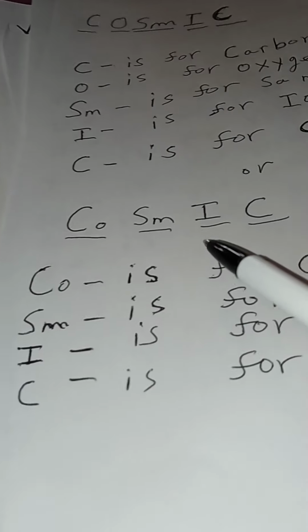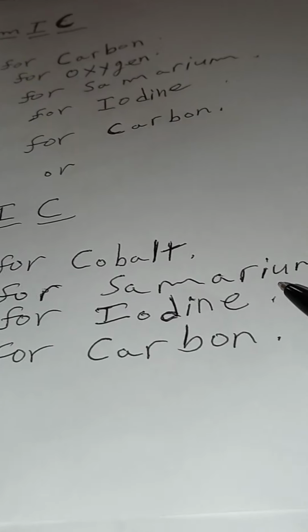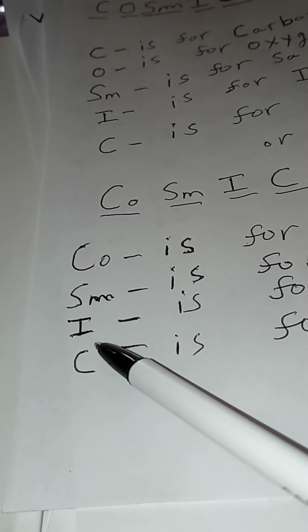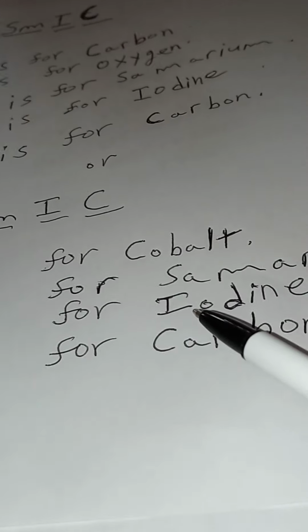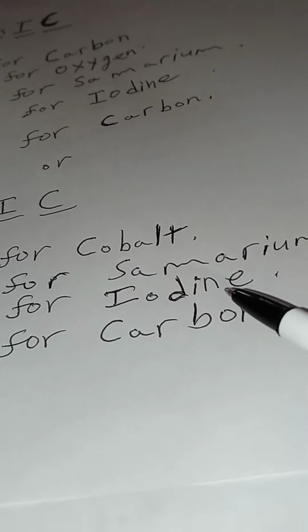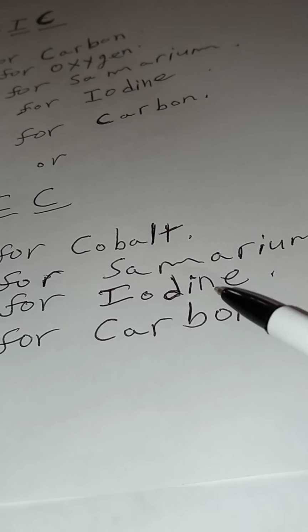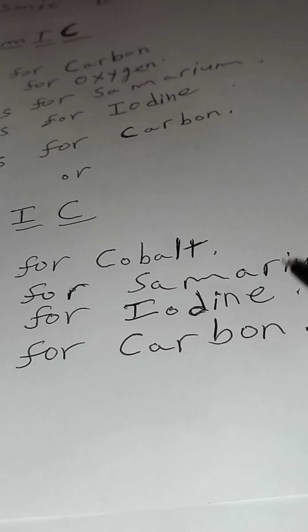And we got capital SM for samarium. And we got capital I, the chemical symbol for the element's name of iodine, capital IODINE. And we got C for carbon, capital CARBON.